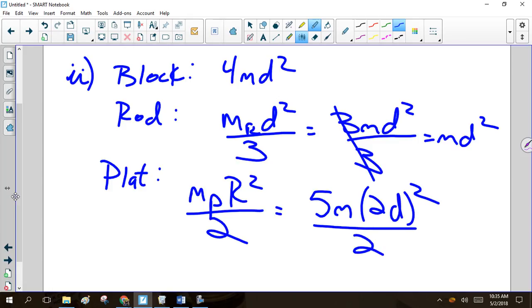So simplify that, and you get 10 md squared. And like Margaret said, add them all up, and you get, what, 15 md squared? Everybody good? Too fast? Problems? Concerns? All right, part C, determine an expression for the angular momentum.